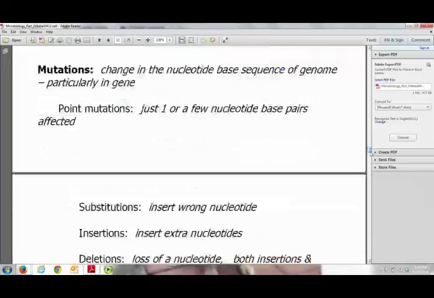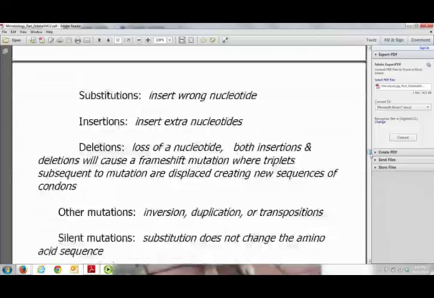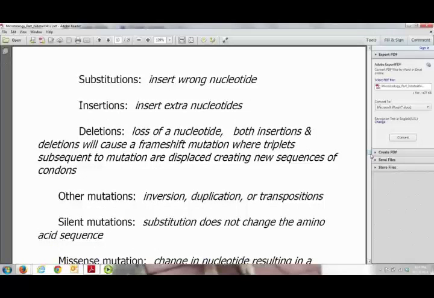So mutations are changes in the nucleotide base sequence of a genome, particularly in a gene. We can have point mutations where just one or a few nucleotide base pairs are affected. So these can include substitutions where you will insert the wrong nucleotide, insertions where you will insert extra nucleotides, deletions where you have loss of nucleotides.